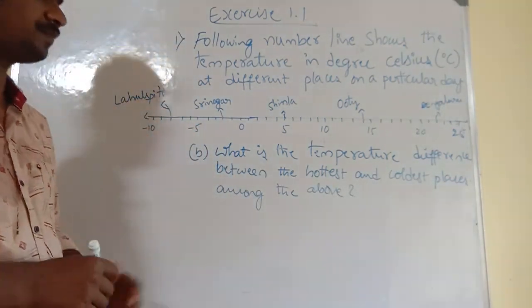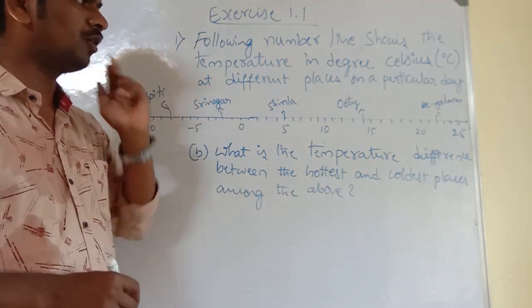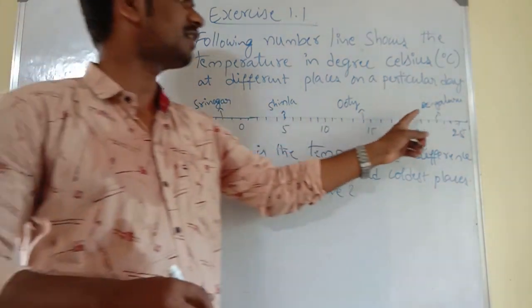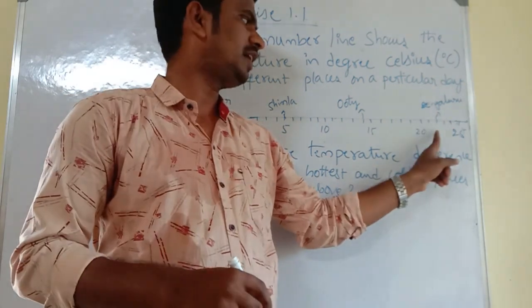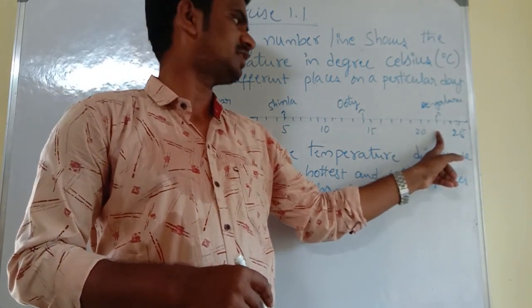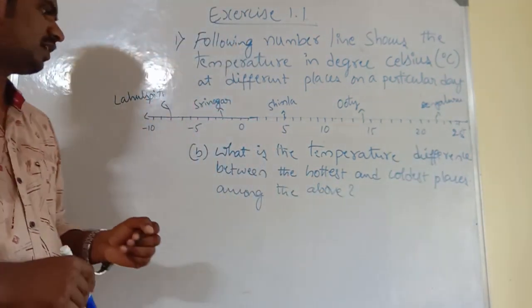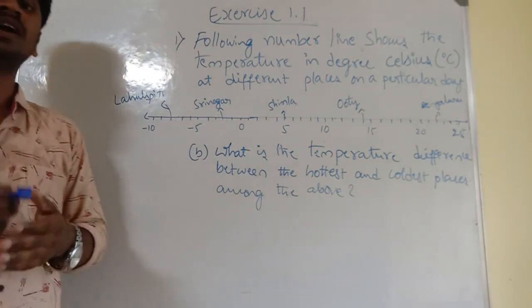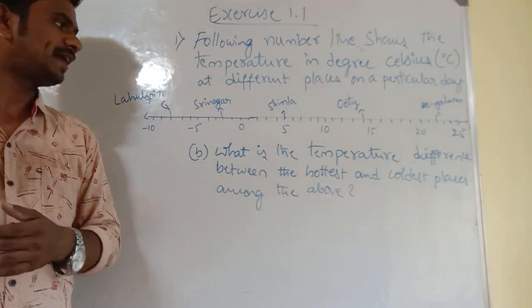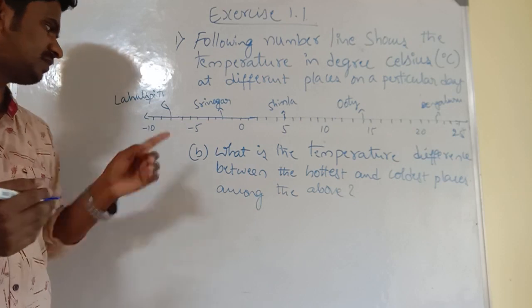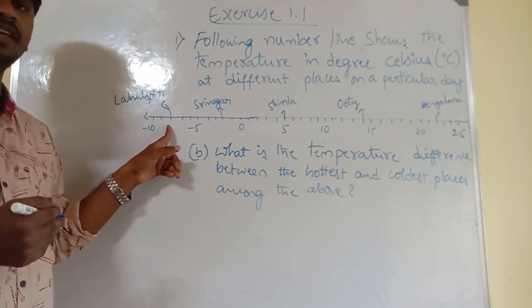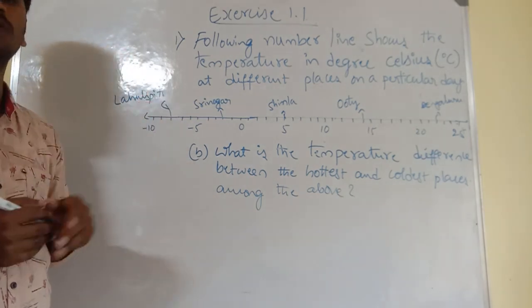In the previous question we know that the hottest city is Bengaluru because it has the highest temperature, 22 degrees Celsius, and coldest means the highest negative temperature, minus 8 degrees Celsius, that is the city Lahul Spiti.